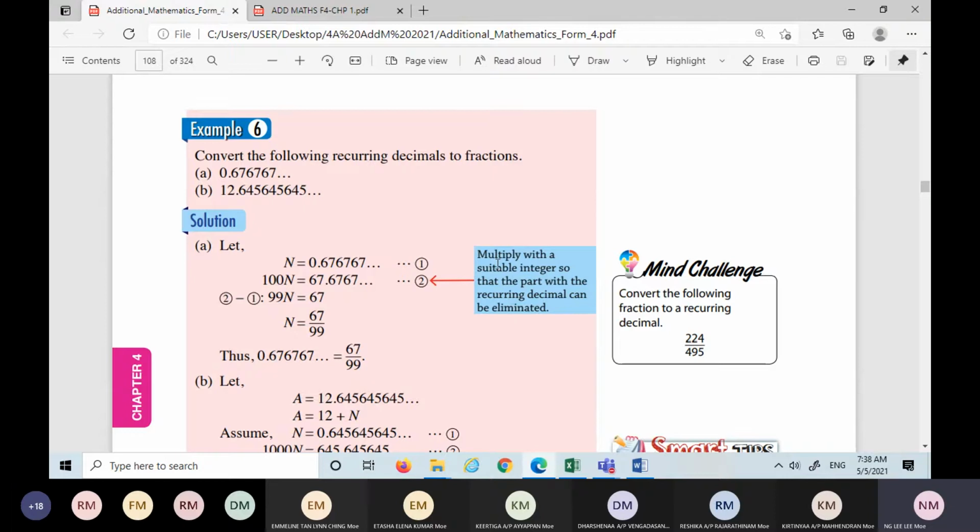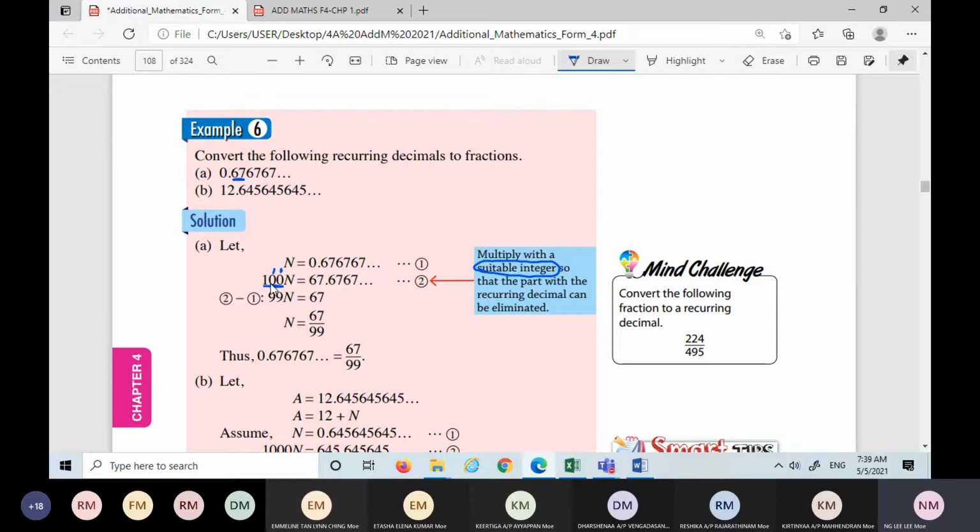What is the suitable integer, and how do we find it? If two digits are repeating, the suitable integer is 100, that is 1 with two 0s.